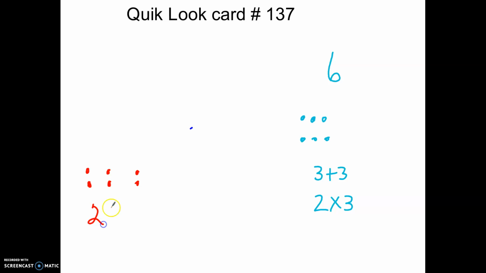And think 2 plus 2 plus 2 equals 6. Or 2 groups of 3 equals 6. 3 groups of 2. Okay? So there's lots of different ways that you can come up with how did you see it. Here's our next one. Ready?